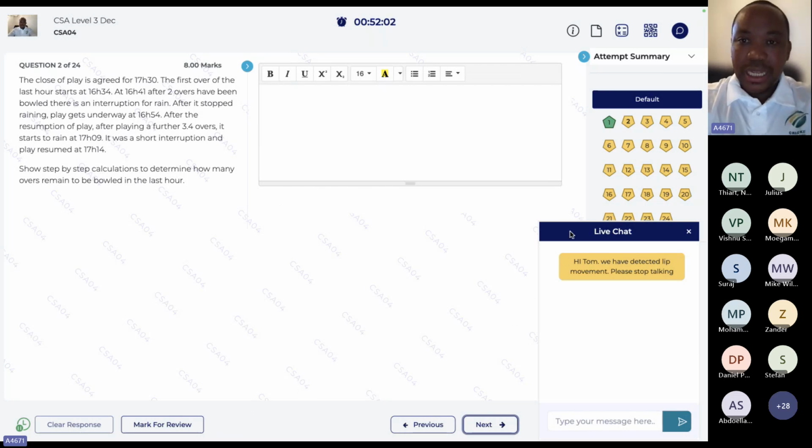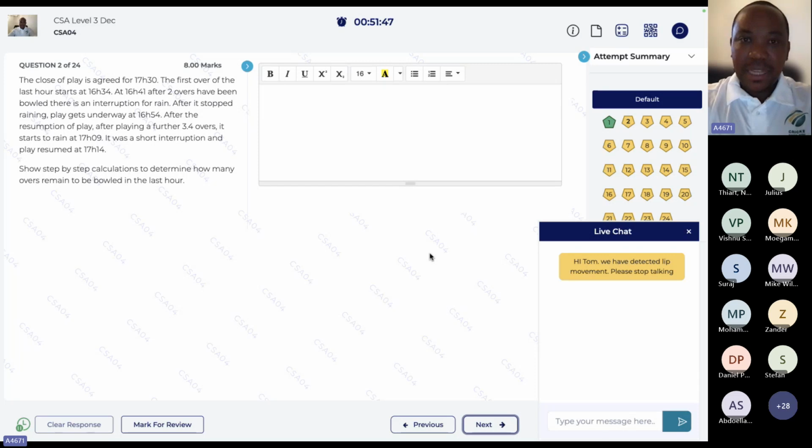So here the live chat has just popped up. It says, "Hi Tom, we've detected lip movement. Please stop talking." So that is a first and final warning from the proctor to the exam candidate.